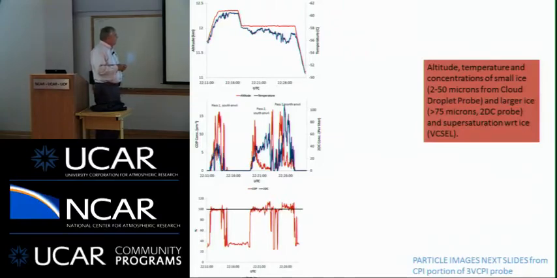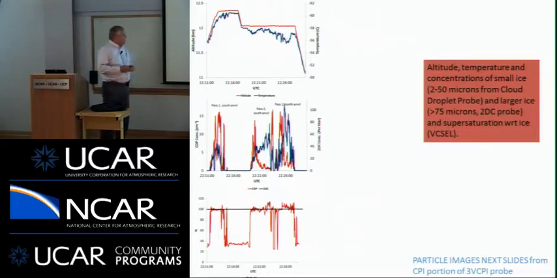In fact, when I saw this 15 per cc from the CDP, I didn't believe it because it's rather unusual to see that high an ice concentration from that instrument. Normally, a tenth per cc is much more usual.